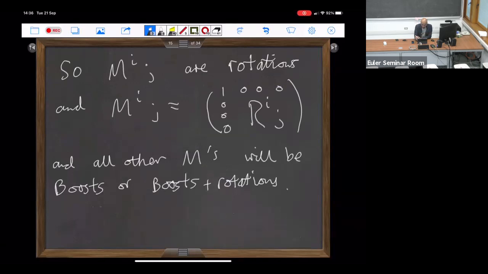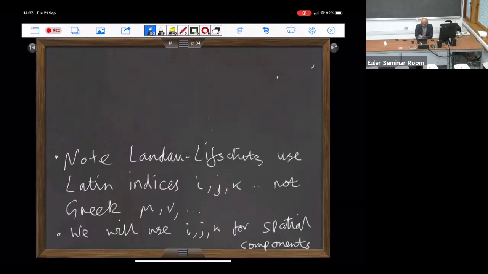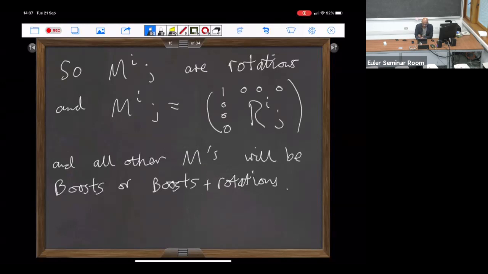All right. Now, we have our Lorentz matrices in the Lorentz group. So clearly, if I set mu equals i and nu equals j, that gives me the rotation matrices, the rotational subgroup of matrices in the Lorentz group.